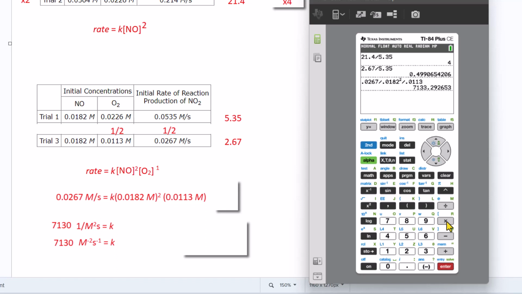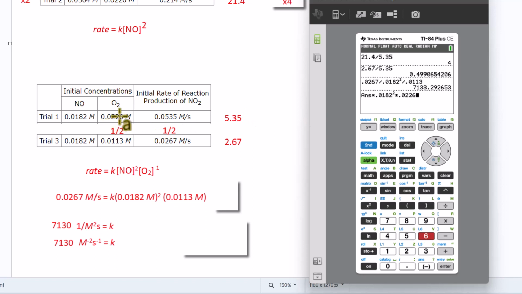So I'm just going to multiply my constant, which I had last time, times my concentration of nitrogen monoxide, 0.0182, of course I'm squaring this value, times the concentration here, 0.0226. I gotta double check.